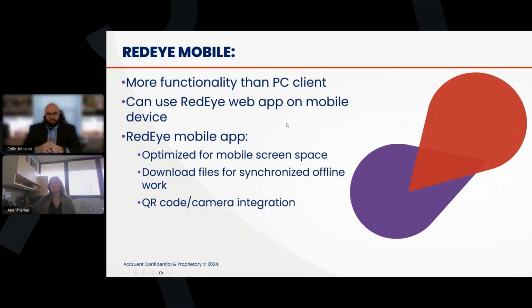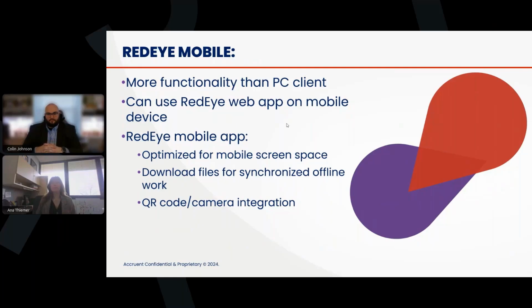Now, RedEye Mobile, just a little bit about the mobile client. It is really an inherent feature of RedEye, not something that was tacked onto an older system and may not be that strong. The mobile app is optimized for mobile screen space, and actually includes additional features that are valuable to a mobile user above and beyond the PC-based usage.